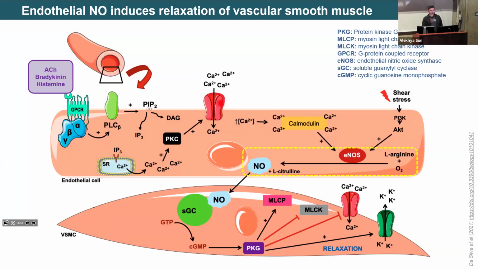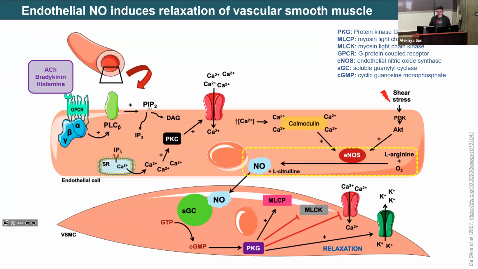Together, both sources of calcium lead to the activation of calmodulin, and calmodulin, again, as I mentioned before, is one of the main cofactors for eNOS. So when activated calmodulin binds to eNOS, the enzyme becomes coupled, and then it can basically use arginine and, in the presence of oxygen, turn it into nitric oxide and citrulline, right?